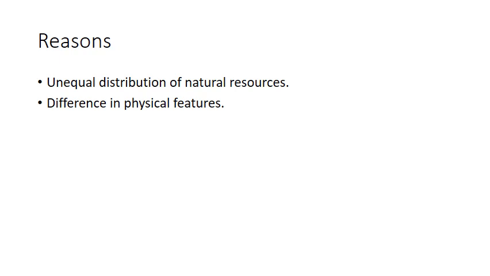The second reason is the difference in physical features. In some areas the land is fertile, while in certain other areas the land is less fertile. For example, in Upper Punjab the land is more fertile, while in Southern Punjab the land is less fertile.